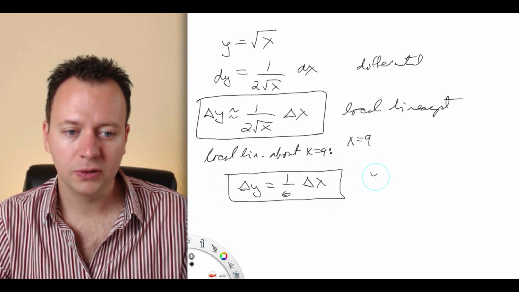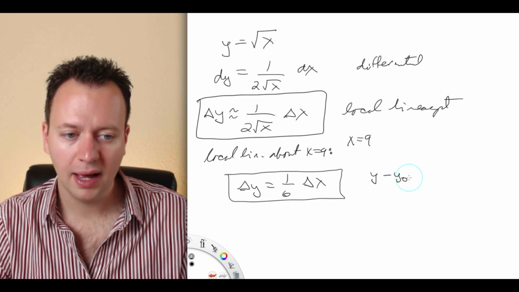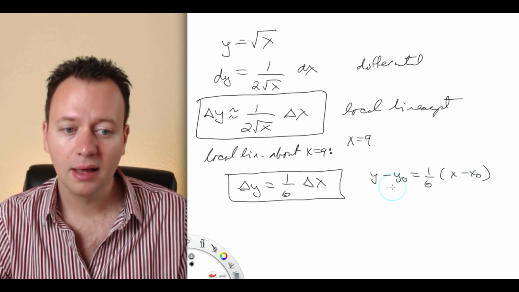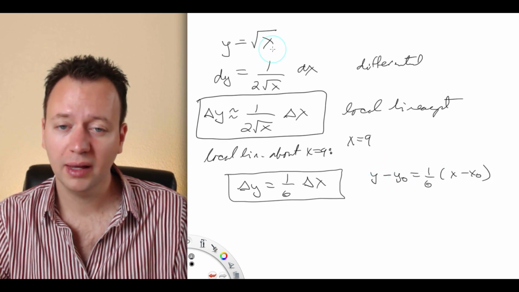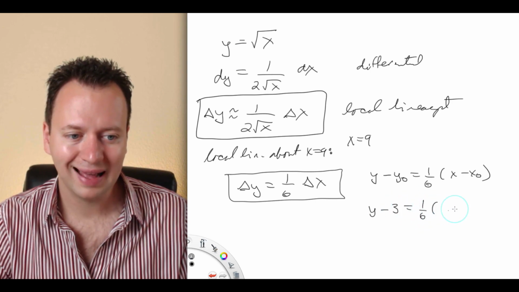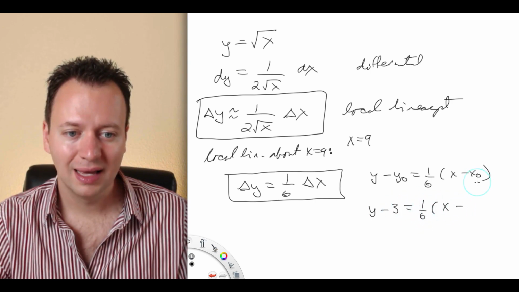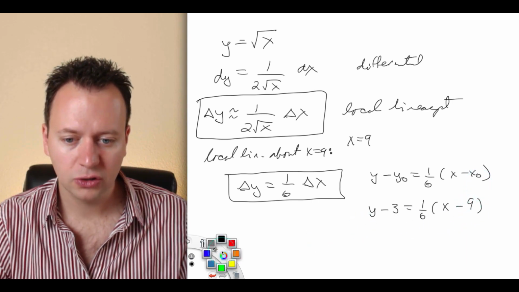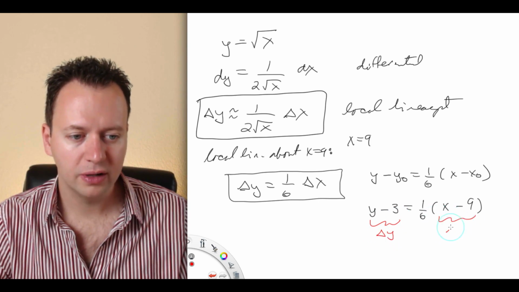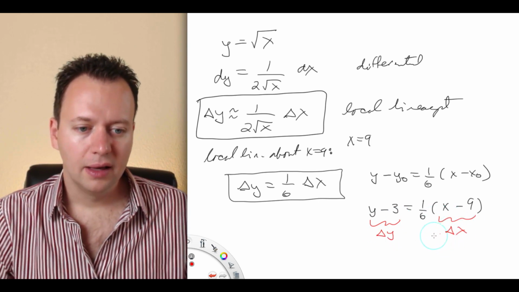What this means is y minus y naught is approximately 1 over 6 times x minus x naught. Now y naught is 3 because when I plug in 9 for x, I get 3. So delta y would be y minus 3, and that's approximately 1 over 6 times x minus 9. So this is just the delta y, and this one is just the delta x.